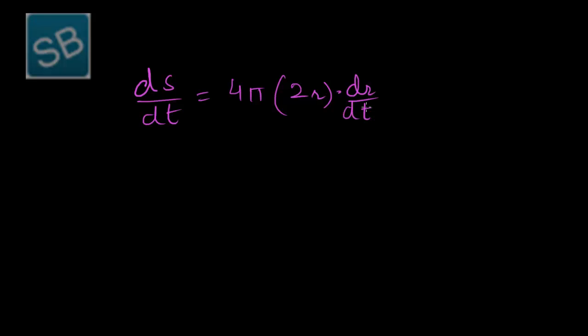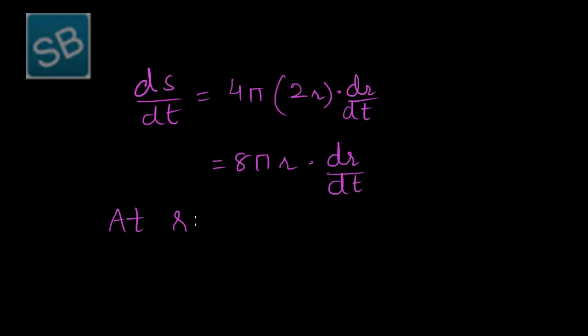Therefore, dS by dt is equal to 4 pi, same, dS by dr into dr by dt. So we have 8 pi r into dr by dt. In the problem, we have to find the rate of change of its surface area with respect to time at the moment when the radius is 2 cm.